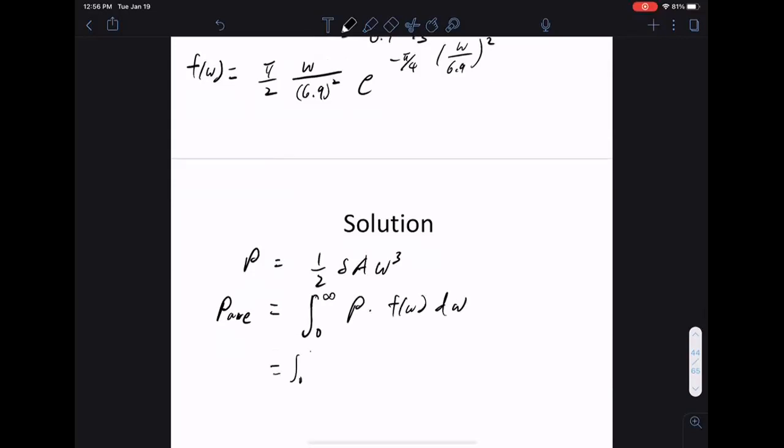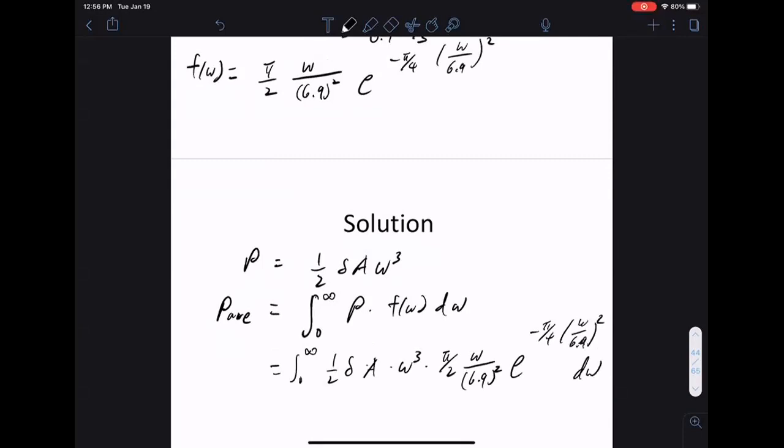So this is the integral from 0 to infinity of 1/2 delta A omega cubed times pi over 2 times the speed squared, e to the minus pi over 4 times the speed squared, d omega. Okay, so this is the computation we'll have to work with.